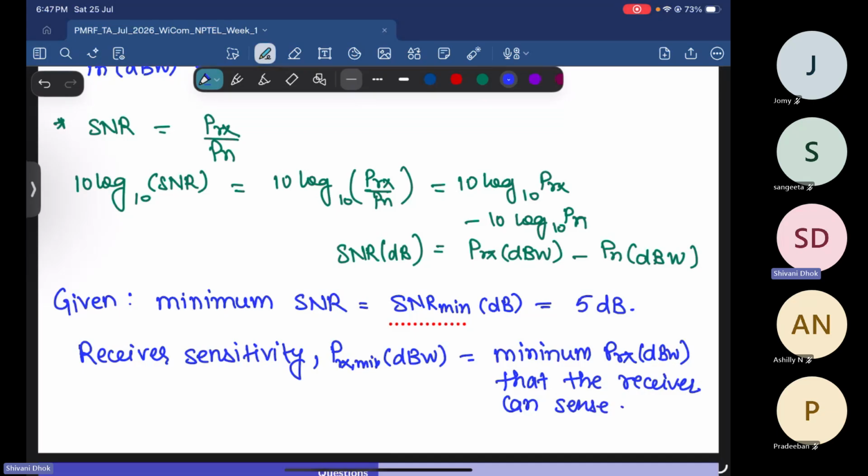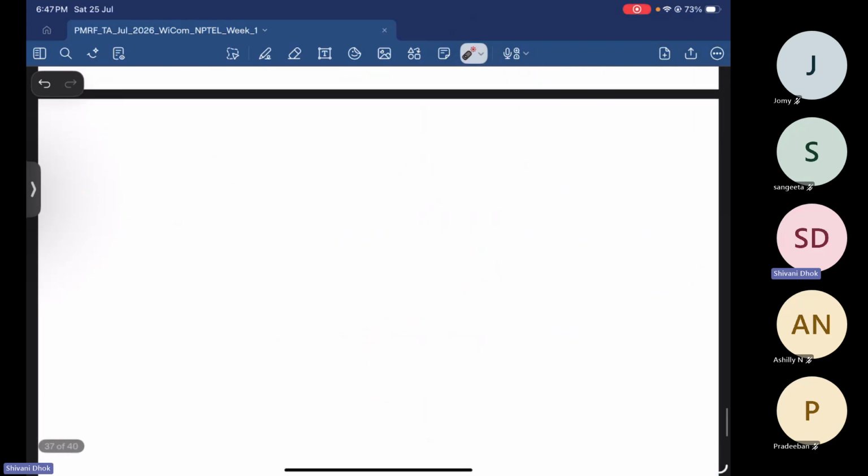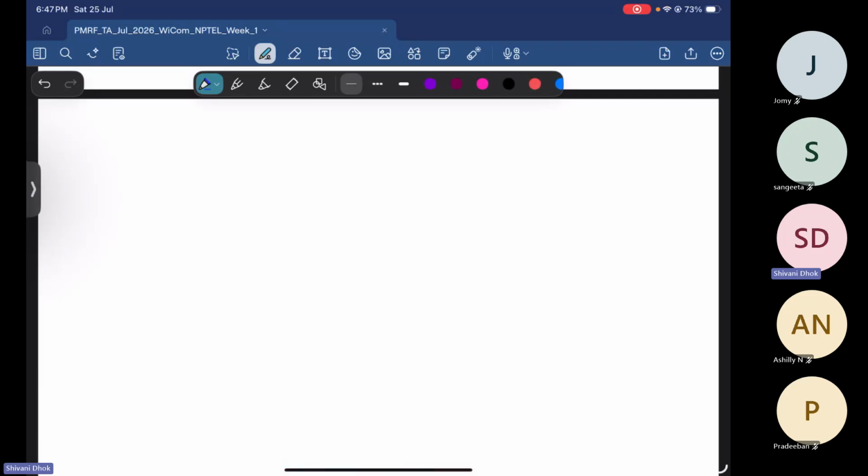So if I plug in SNR min and PRX min in this particular equation, what will I get? So what we have is SNR min in dB is nothing but PRX min in dBW minus your Pn in dBW.